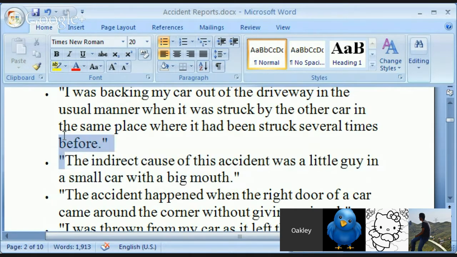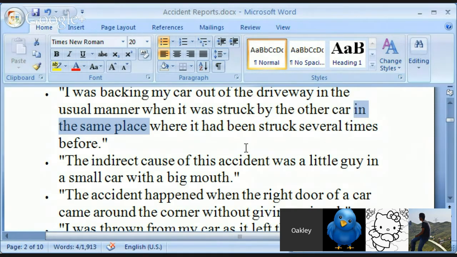Sorry. Yes. If his car was struck by the other car, then can we use in the same place? In the same place here? Yes. For a car. Yeah. You mean the same place on the car, the right rear quarter panel, for example?